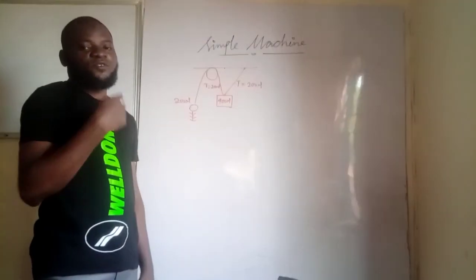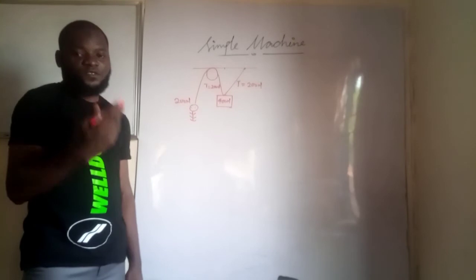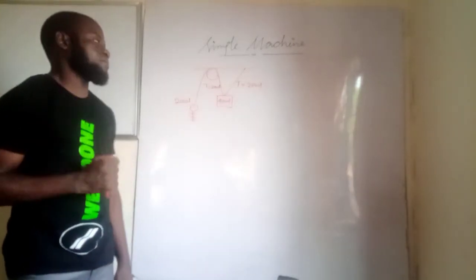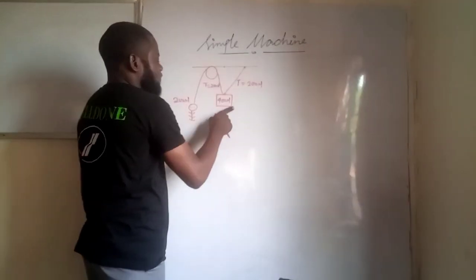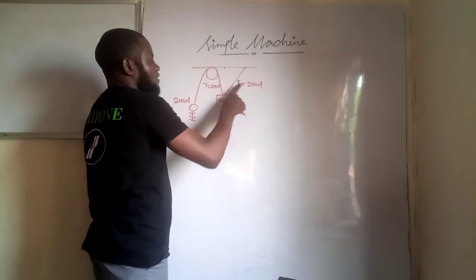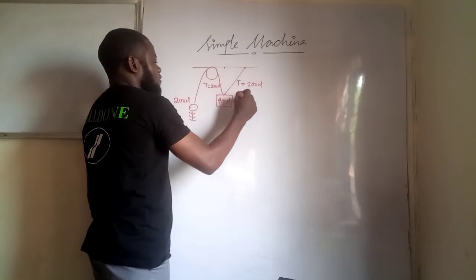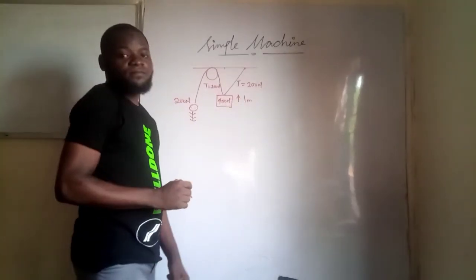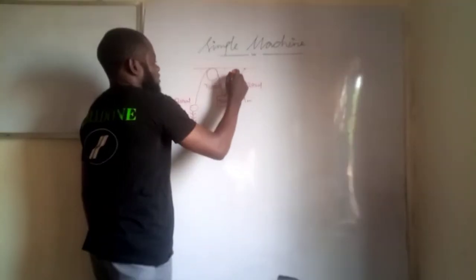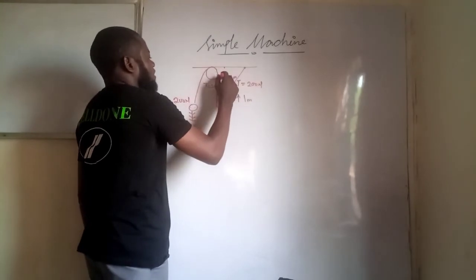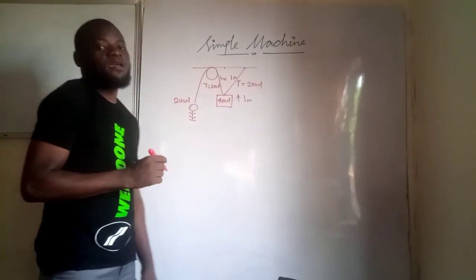But it doesn't just multiply. You also have to do something. You will understand that now. Let's take for instance that this particular rope pushes this crane upward by 1 meter. That shows that this one is pulling it up by 1 meter and this one is also pulling it up by 1 meter.